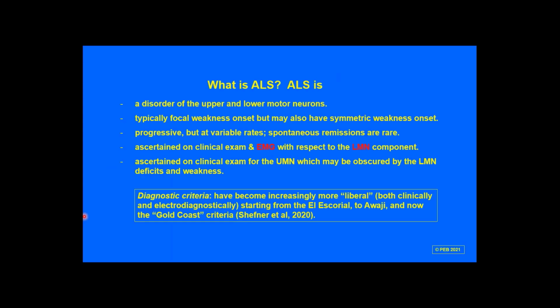Well, we have a lot of material to cover today. Hopefully we'll be able to manage it. So first question is, what is ALS? I think we haven't got a final answer on that, but what's agreed upon to date is that it's a disorder of the upper and lower motor neurons. It's typically focal weakness onset, but may have symmetric weakness onset. So it's quite variable, as well as in its progression.